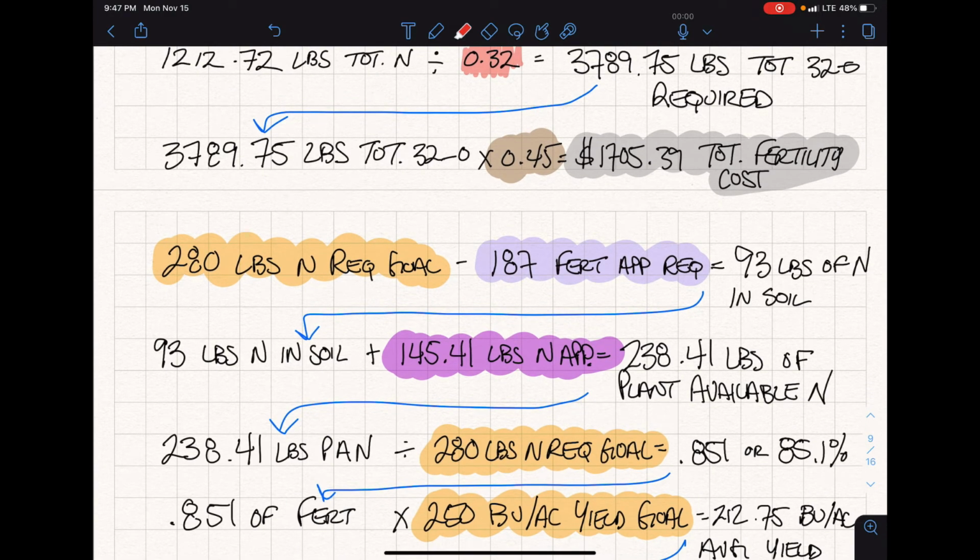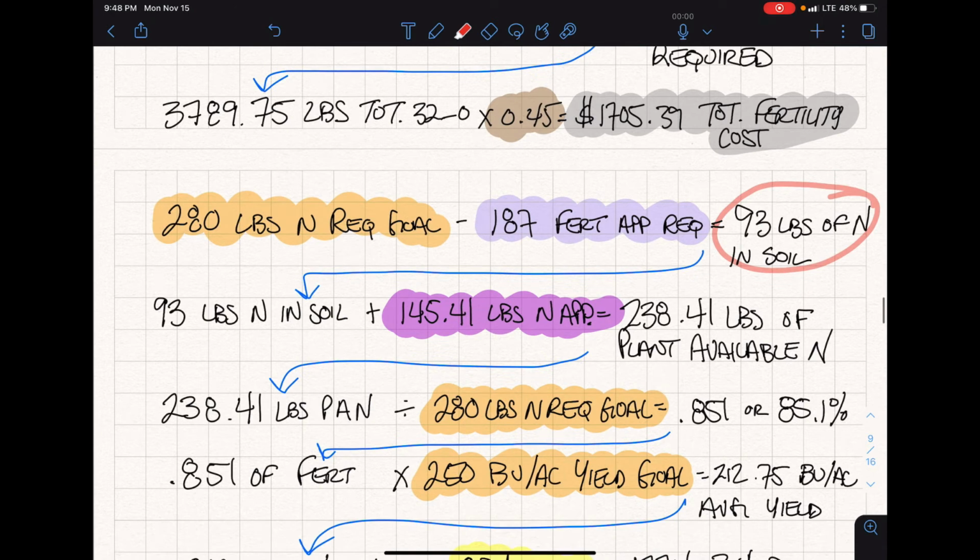So to figure that out, we're going to take our total required N for our goal, which is 280 pounds, minus our recommended application rate, which was 187 pounds per acre, letting us know that 93 pounds per acre of N is already in the soil.